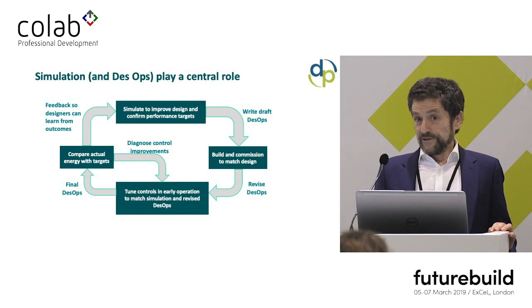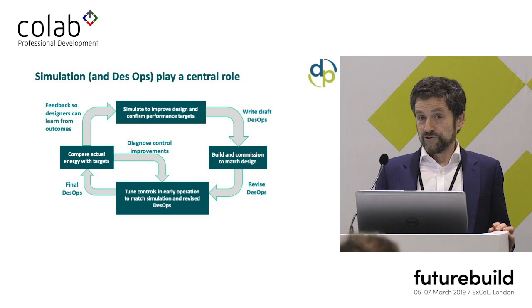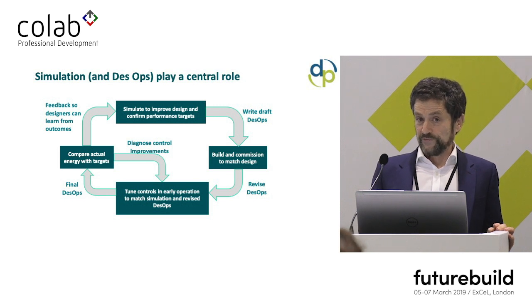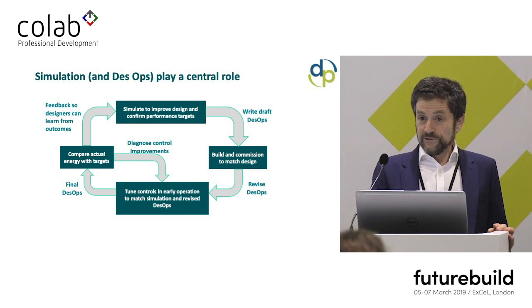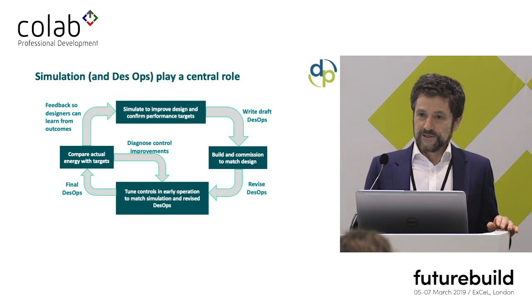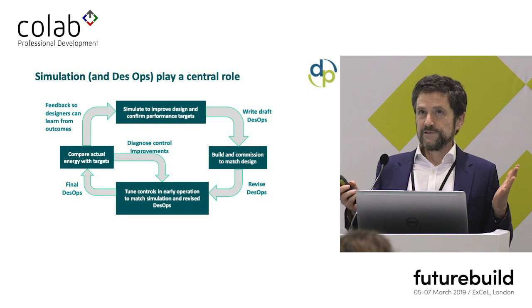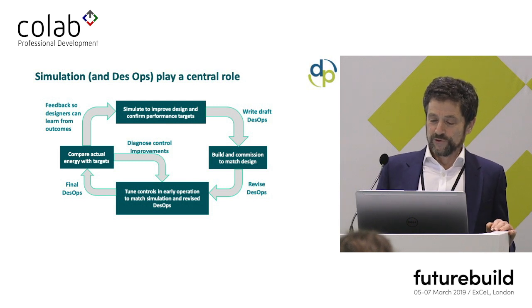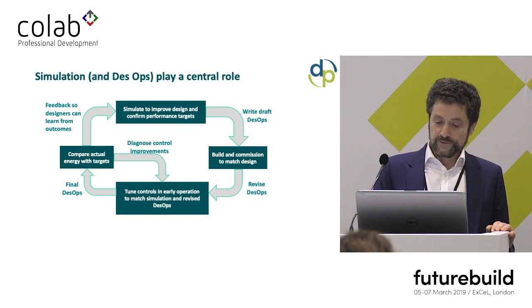Now, another thing that they do in Australia essentially is to write a draft of the description of operations for this building coming out of their modelling. You don't wait until the building is constructed and work out how is this building working. You do it in advance, and that is then fed into the control engineer brief so that they can create the control system according to how the model says it should be.